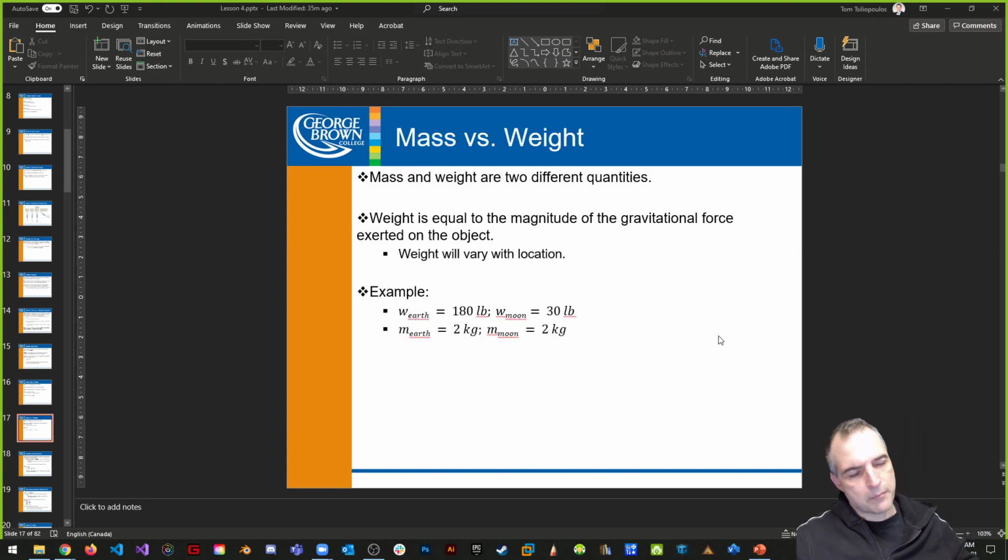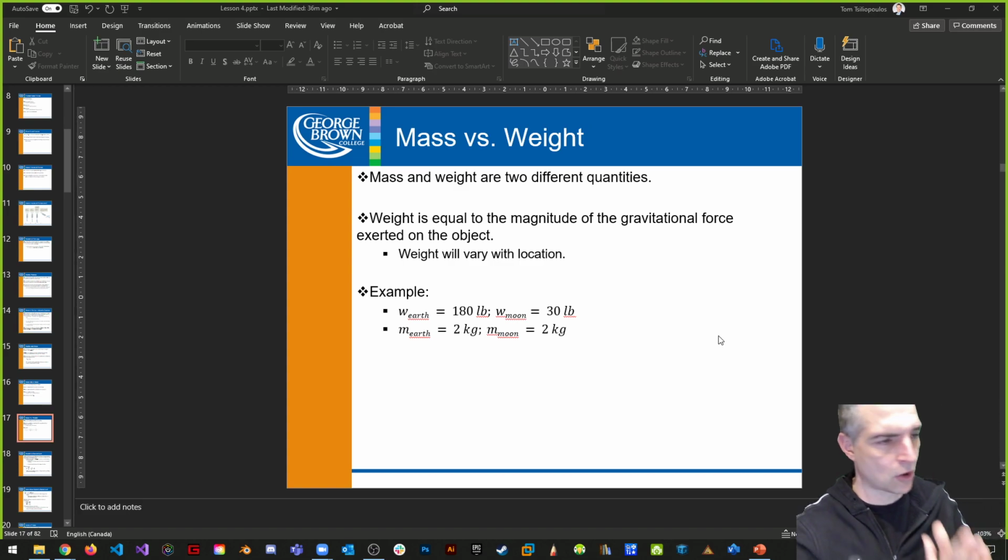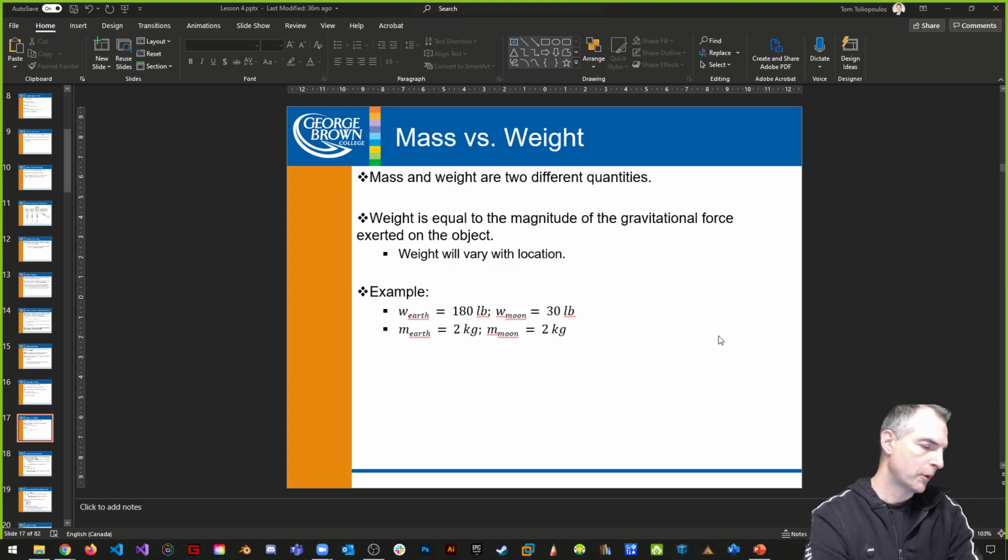We can say that mass and weight are different. Weight is a perceived kind of quantity, if you will. It's going to change according to the gravity of the environment that it's in. Mass stays constant, for the most part.